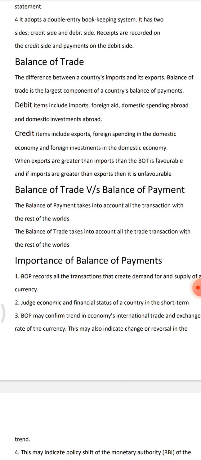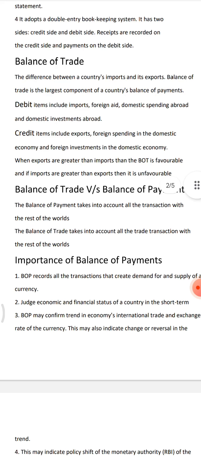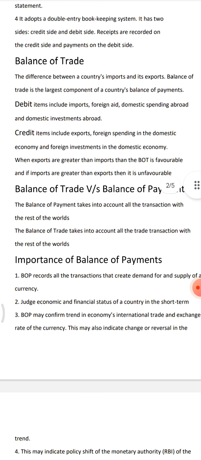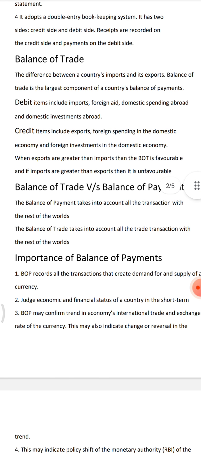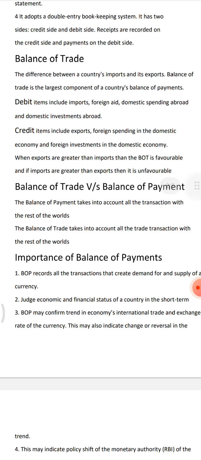If the value of export of visible items is more than the value of import of visible items, the balance of trade is said to be positive or favorable. We are exporting more visible goods than we are importing, and this is known as surplus.